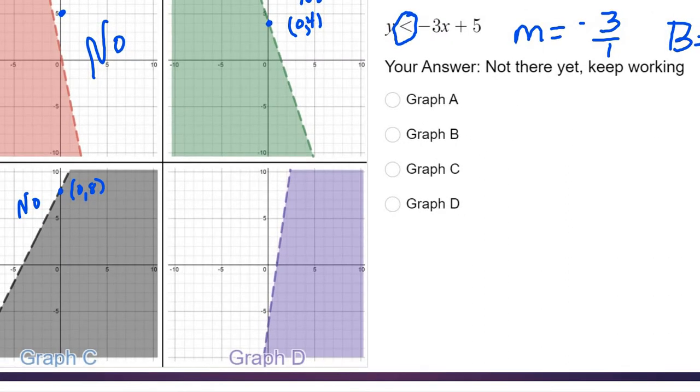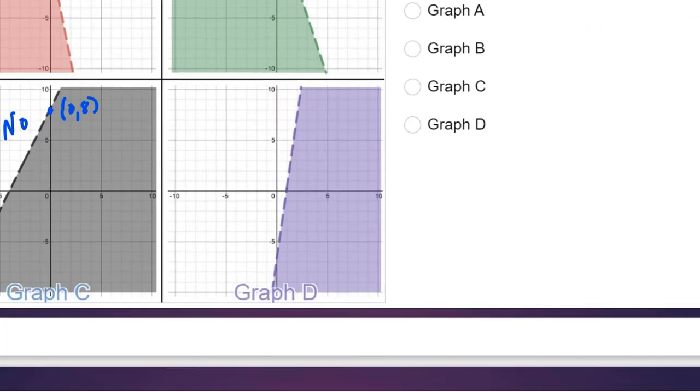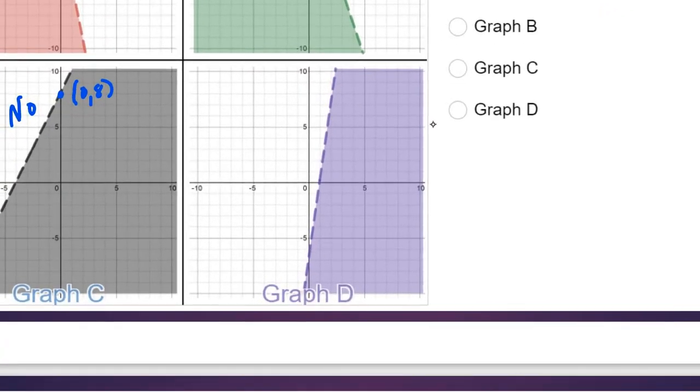As I'm looking, I see that this right here is crossing. Let me see this again. Well, trying to get it bigger for you. This is at 0, -6.